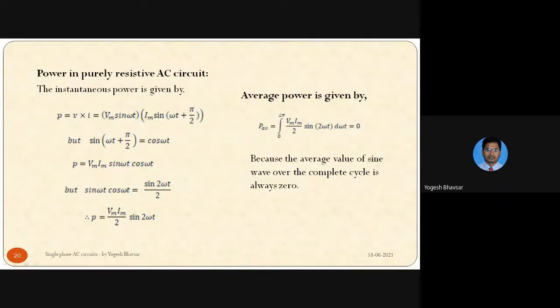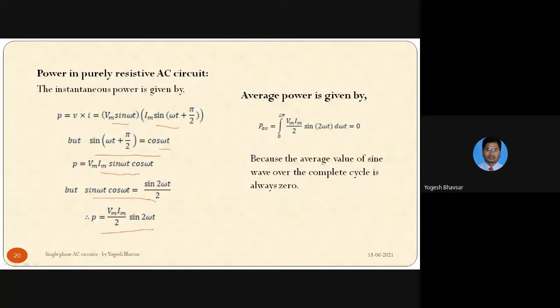Now the instantaneous power, which is again the same formula, p is equal to vi. So we can put Vm sine omega t times Im sine of omega t plus pi by 2, and sine of omega t plus pi by 2 is nothing but cos omega t. So Vm Im sine omega t cos omega t, and we have the formula that this is equal to sine 2 omega t by 2.